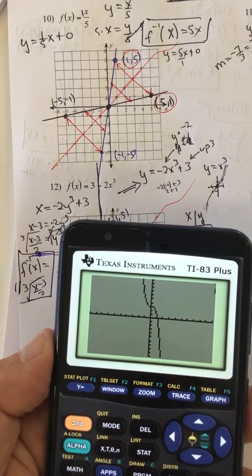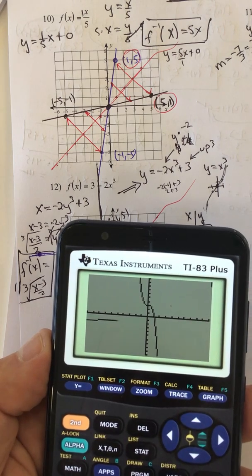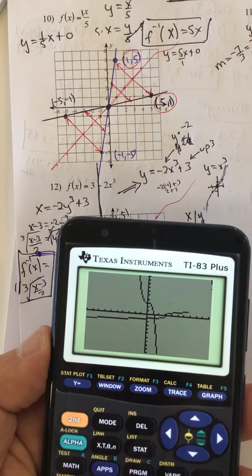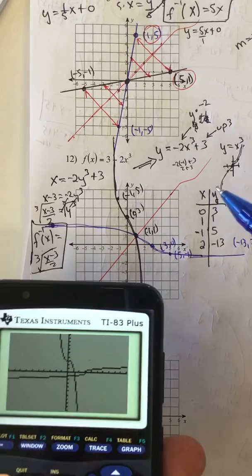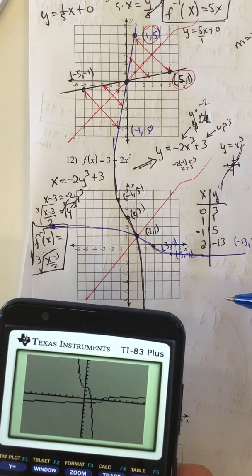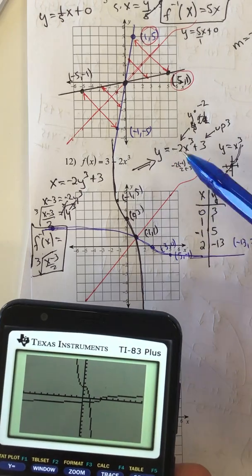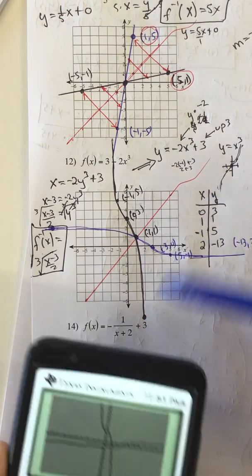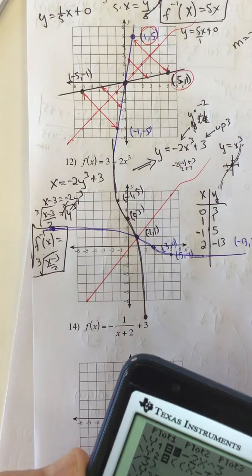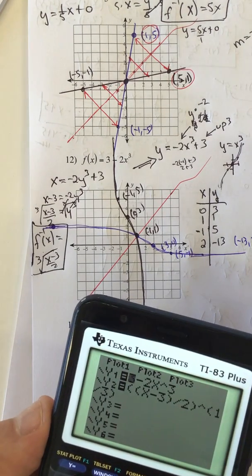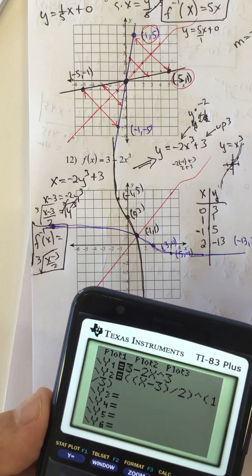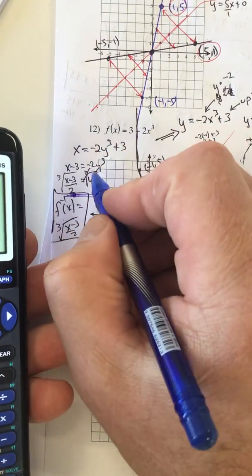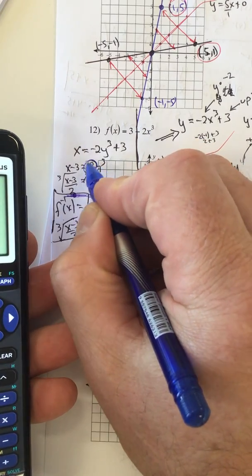So here comes the original, and now here comes the inverse one that should be sideways of that. Ooh, it doesn't quite look the same, does it? Oh, gosh, this was a -2 right there.